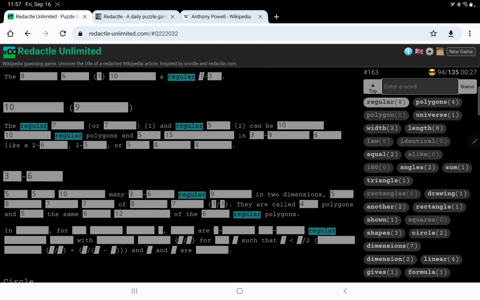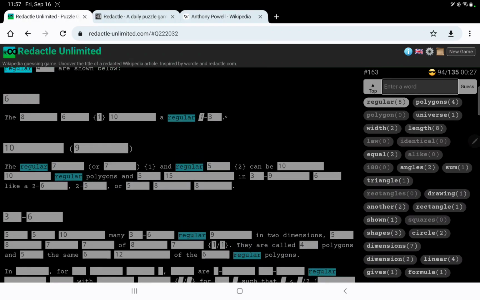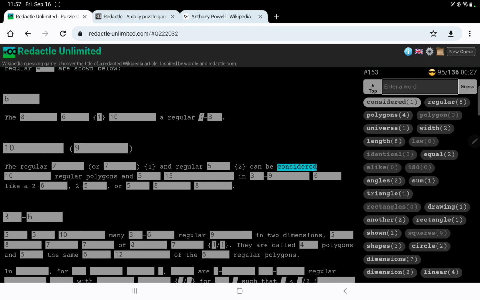A regular, what's that first one? The regular something and regular something can be considered regular polygons. What's the ten-letter word?